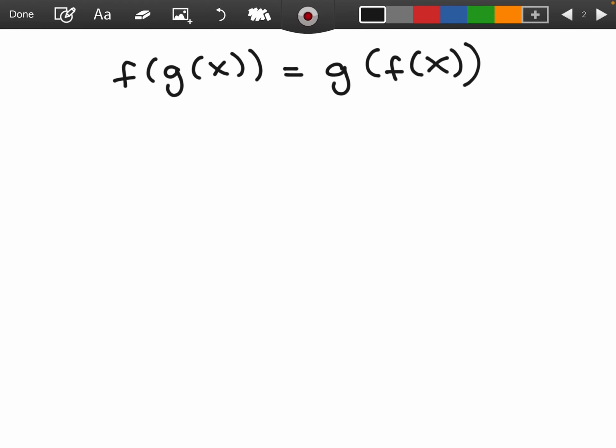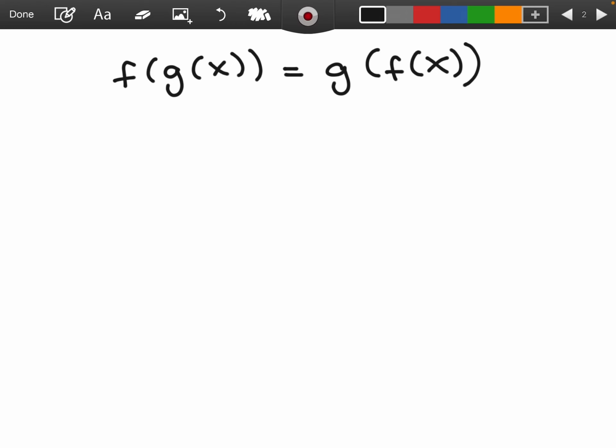Now this will not be the case for every function g for a given f, okay? If I have f of x, I will have to find that specific function g of x, that specific inverse, and then this will be true.